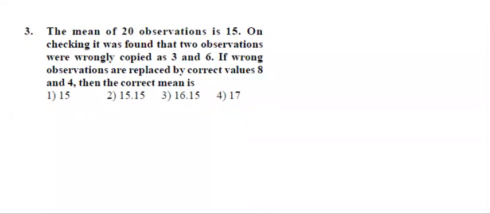How many observations are given? The mean of 20 observations is 15. On checking, it was found that 2 observations were wrongly copied as 3 and 6. If the wrong observations are replaced by the correct values 8 and 4, then what is the correct mean?